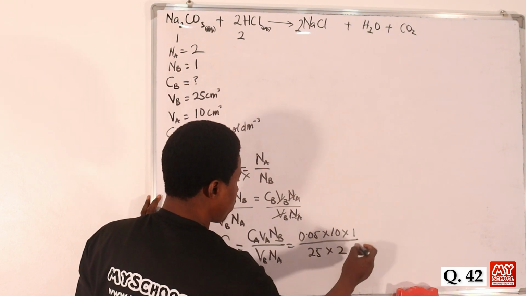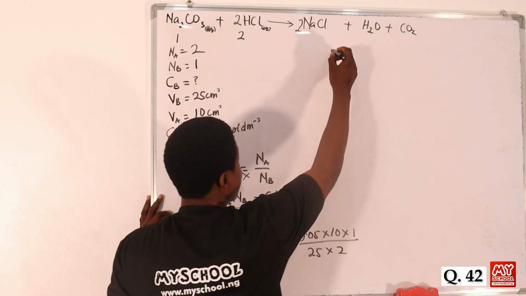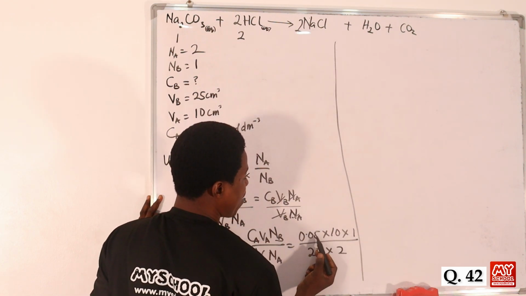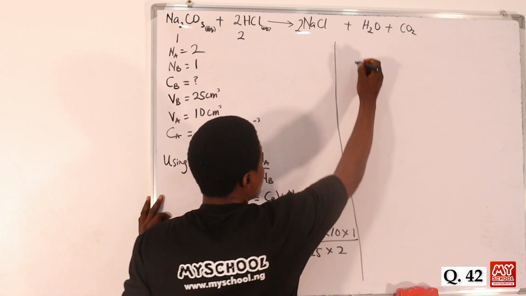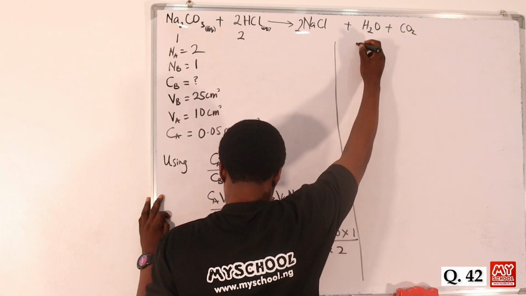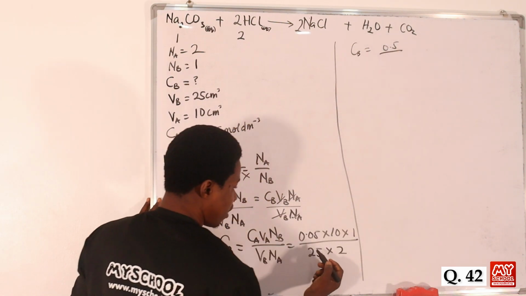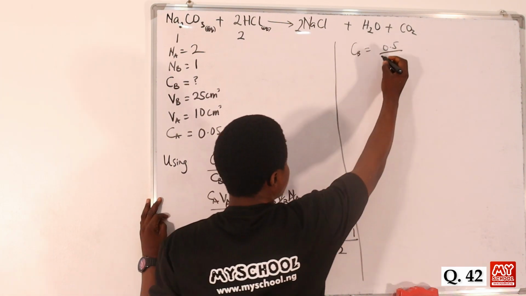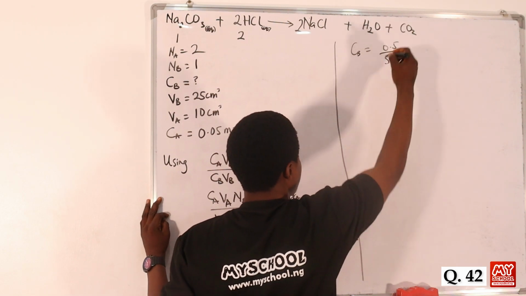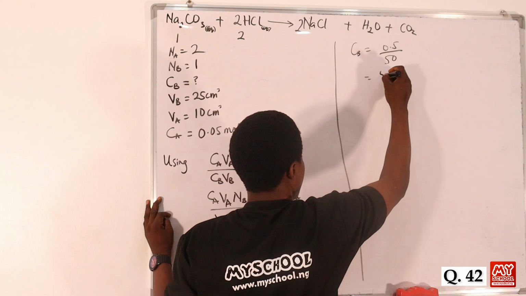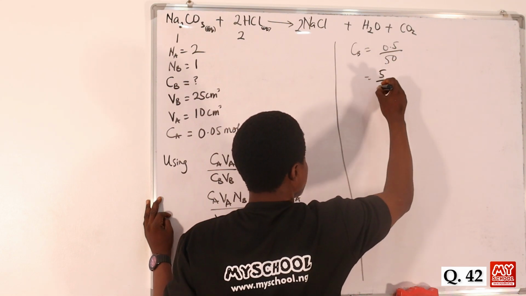So 0.05 times 10 will be 0.5. So CB will be 0.5 divided by 25 times 2, that should be 50. If we move this that way, that will be 5 all over 500.